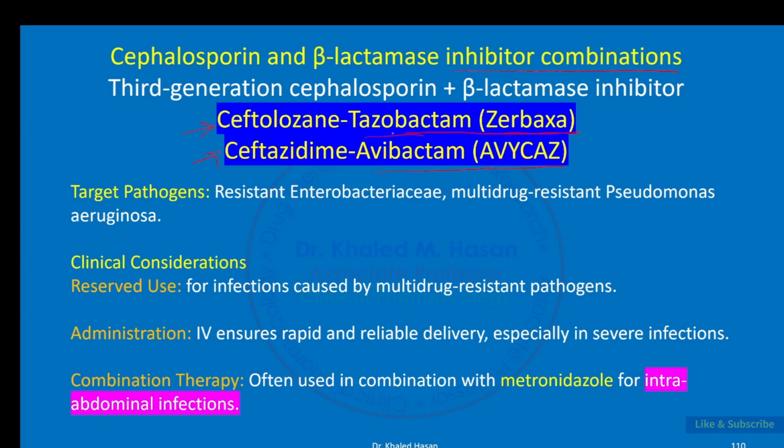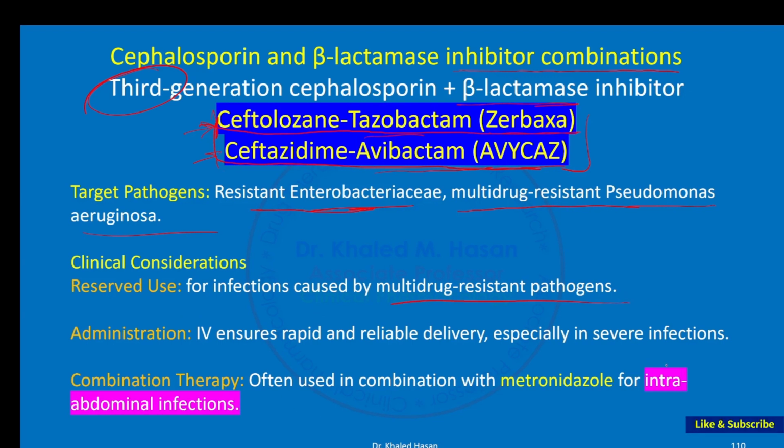These are third generation cephalosporins combined with a beta-lactamase inhibitor, effective against resistant Enterobacter and multi-resistant Pseudomonas aeruginosa. These medications are prescribed for infections caused by multiple resistant pathogens.